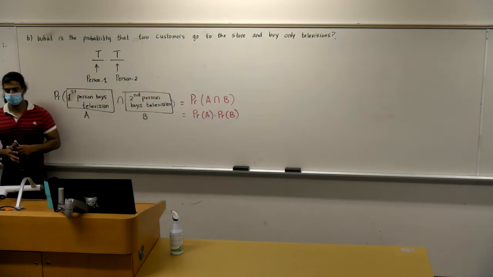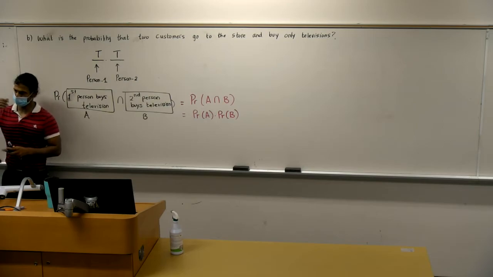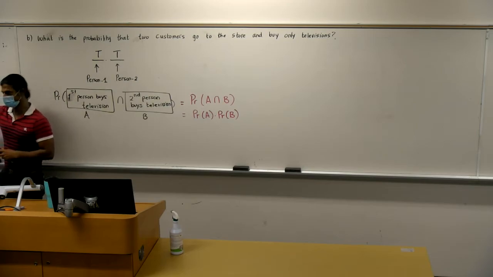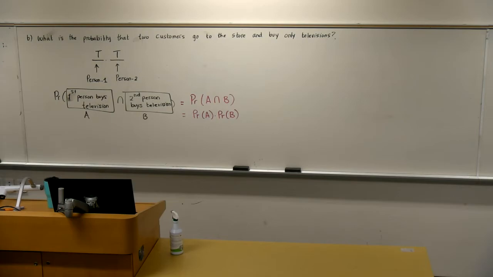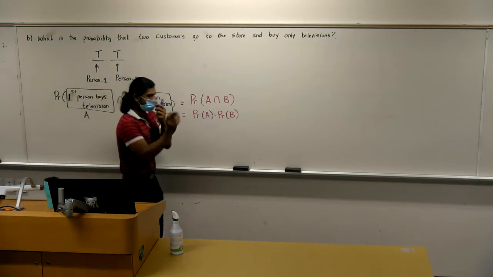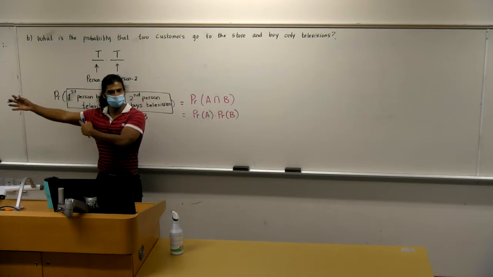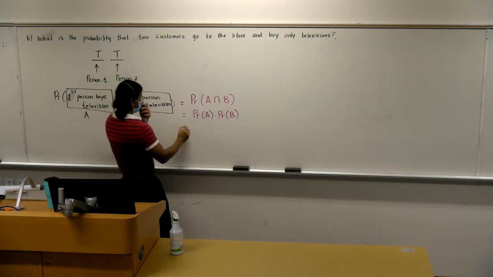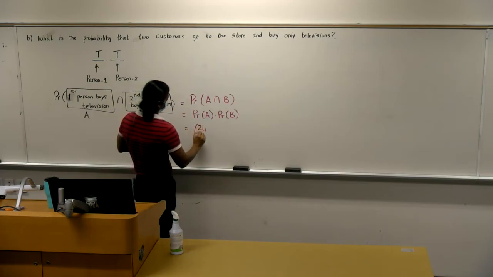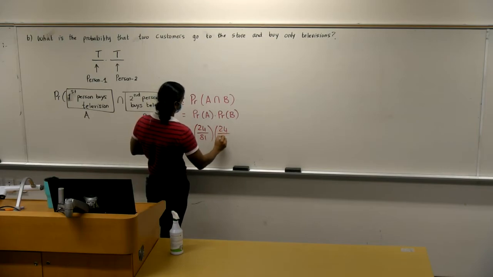What is the probability that a person would buy a television based on last year's information? The probability that a person would buy a television is 24 out of 81. And that probability is the same for every customer based on that information. Do you agree? Yes? So 24 over 81 multiplied by 24 over 81.